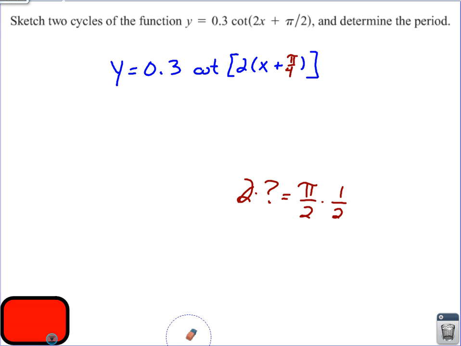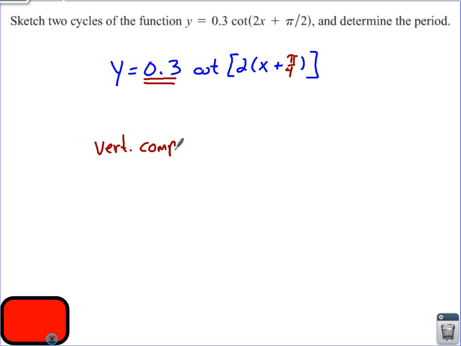So here's all your transformations. This graph has been what? Compressed vertically. Because again, notice it's vertical because it's not inside here. This is a vertical compression times 3/10, 0.3.